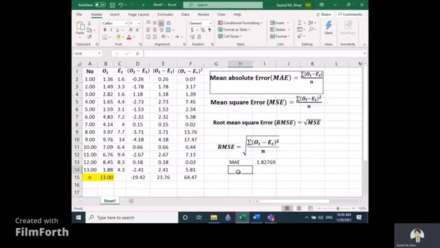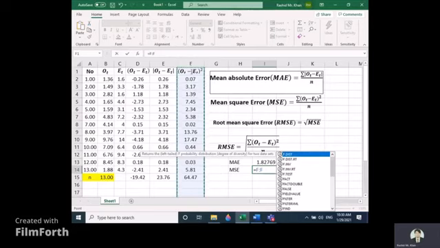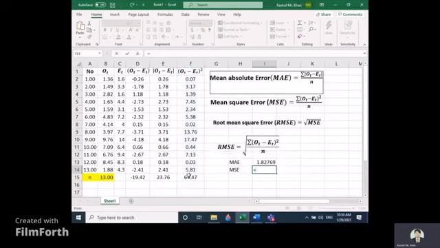Next we have MSE. MSE is equal to the sum of the squares, this is the total value. So I put this F15 and divide by 13 and just enter.